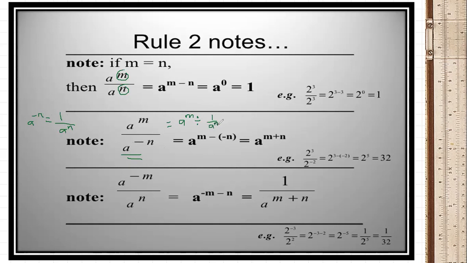It's positive n. So meaning that here, because you're dividing, you can just take it as a to the power m divided by 1 out of this.